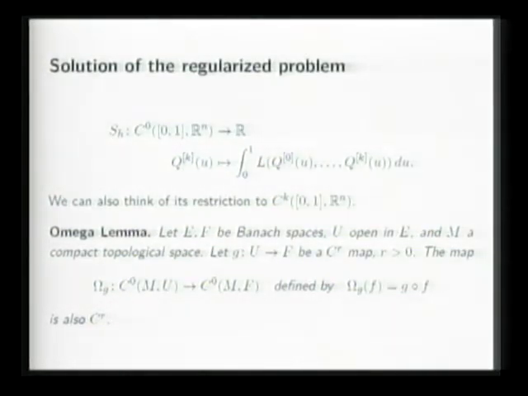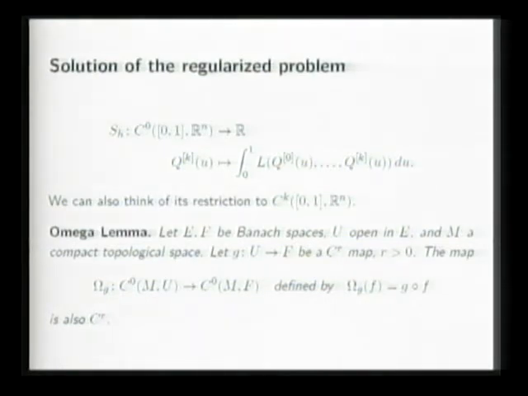You have this objective function SH, the action, which maps the curve qk into this integral that we had before. You can think of this as defined on the curves C0, and also you can think of that as defined on Ck. It's even better. You can still do the same, but we will work with both in parallel because we want results in both contexts.